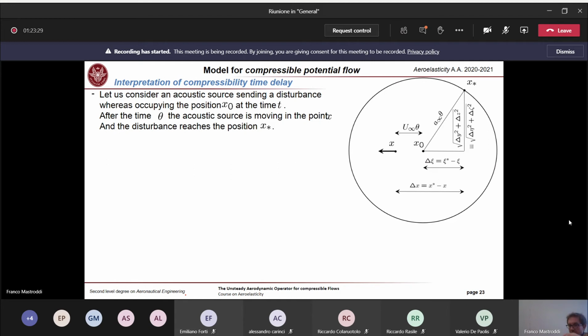You probably know this drawing. This is a drawing you used in gas dynamics, and if you have a source of disturbance moving from here to here with the velocity, during the time the disturbance is propagating here, you are moving here, and when the disturbance reaches this point, you are here.